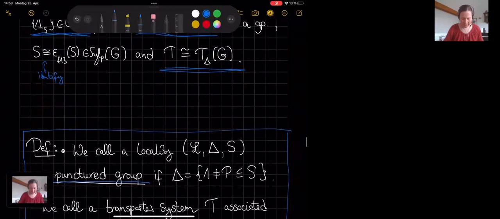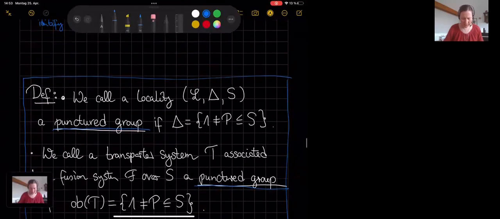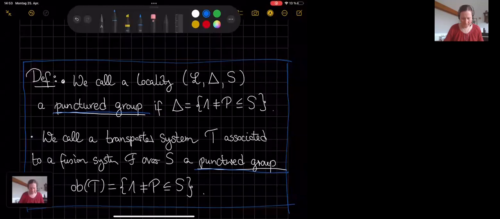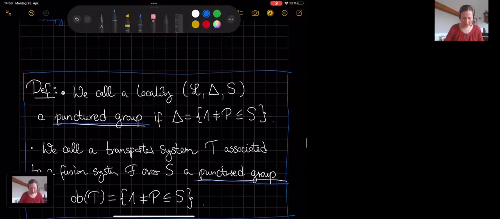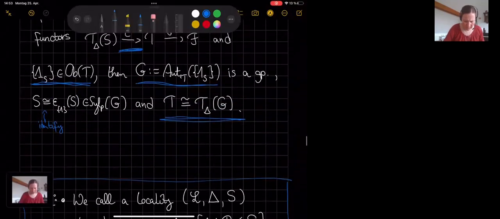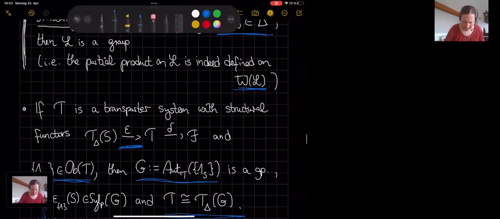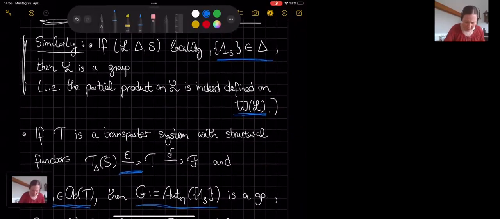And actually that a punctured group exists means basically it comes very close to coming from a group. So if the identity is a subgroup, then F_S of L here is, of course, if L is a group, a fusion system of a group.